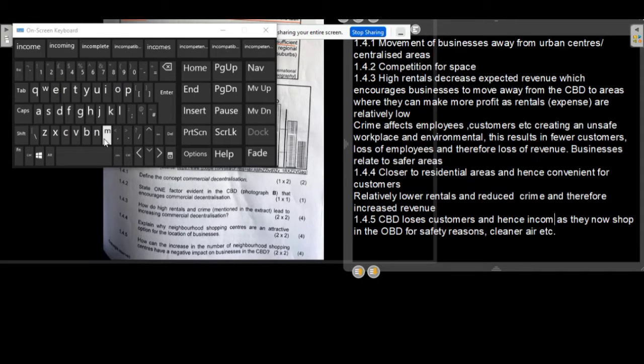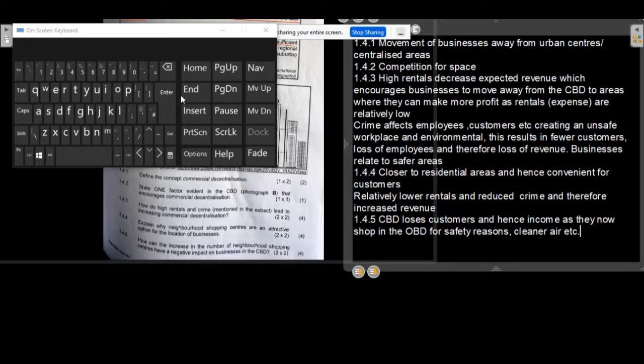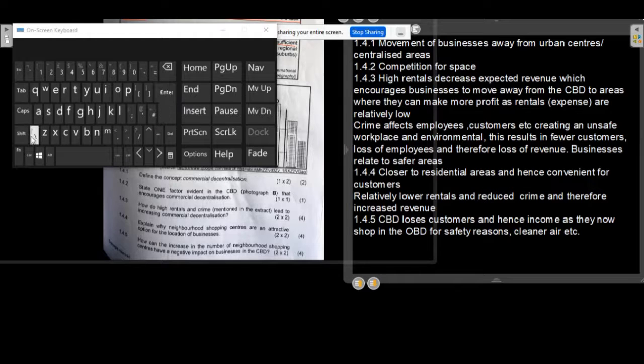So that's a negative impact. They said negative impact, they didn't talk about financial impact. It's just negative impact.